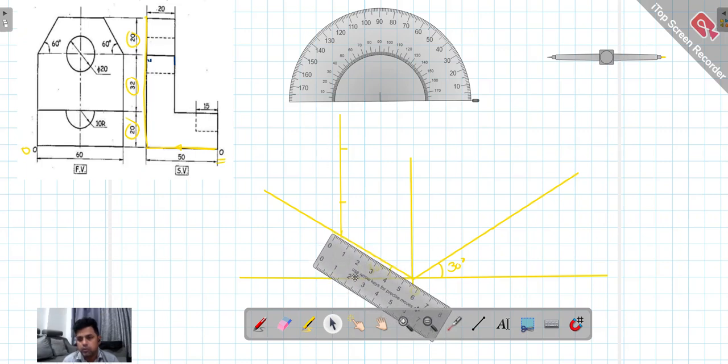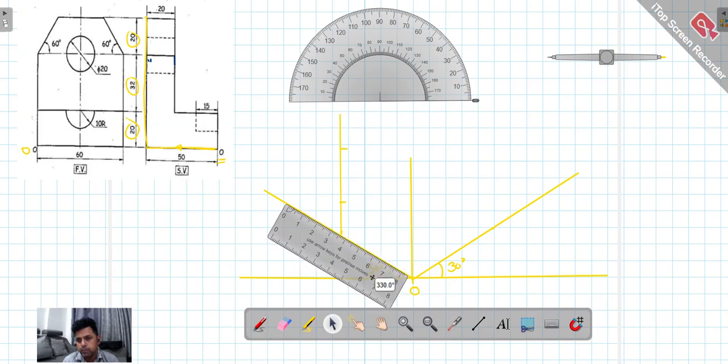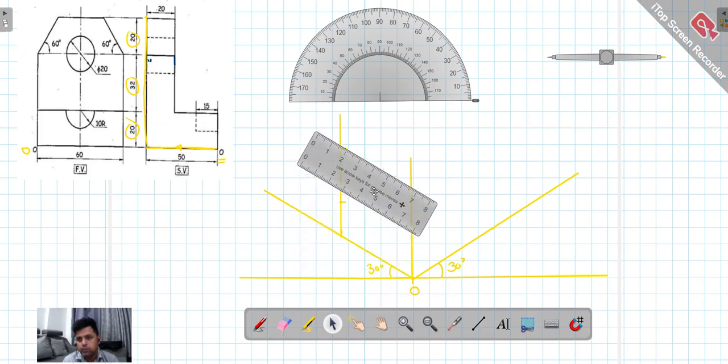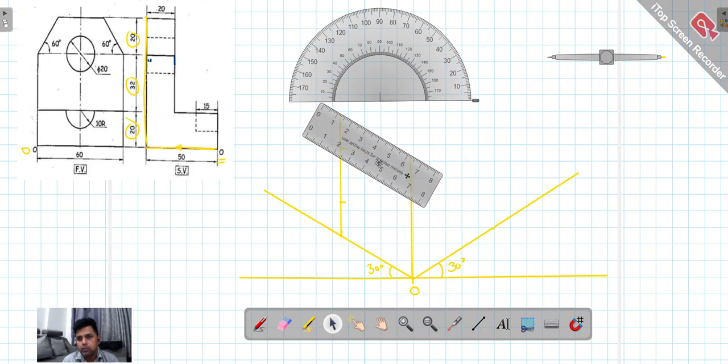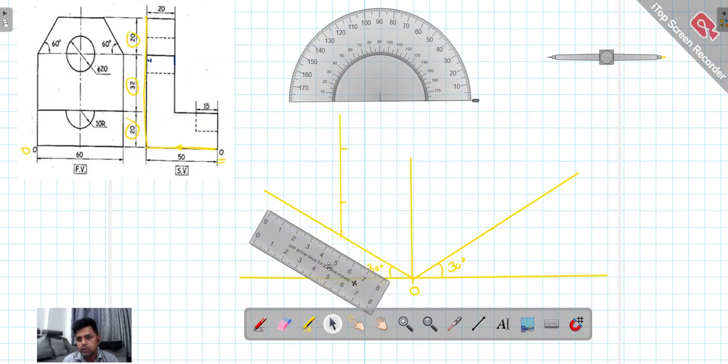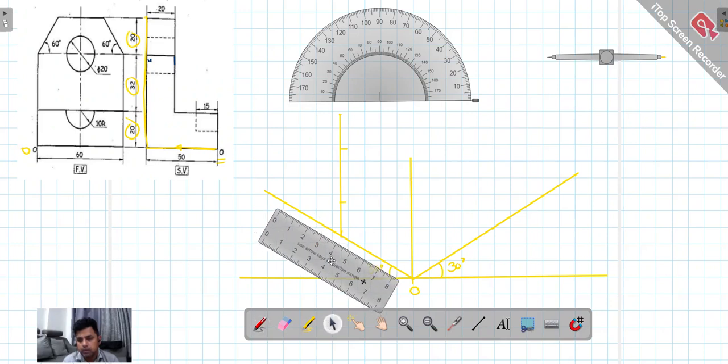Okay, now what I'm doing, I'm drawing a parallel line. See, I'm taking this line from this point. From this point, I'm drawing a line parallel to this line. See, where is my scale?